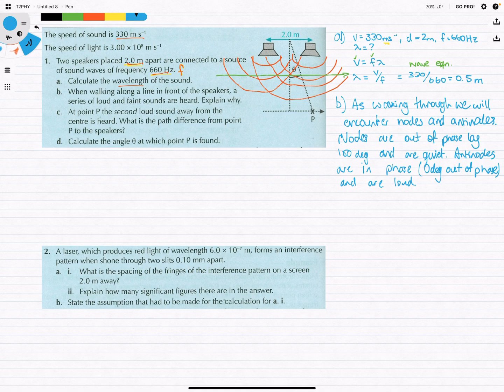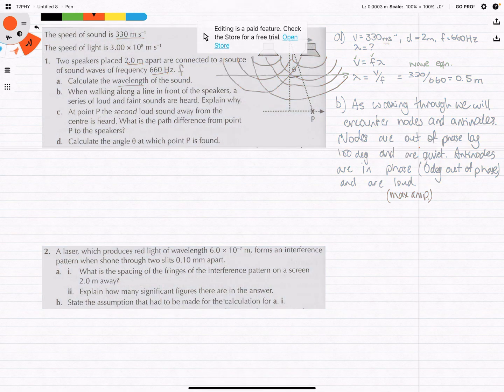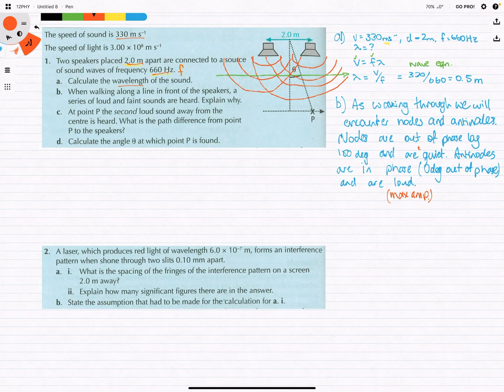Zero amplitude, zero loudness. This was our max amplitude. Quiet, these are our zero amplitude. That's where we've got a nice flat line and we're getting no sound produced. It's been cancelled, the waves have cancelled each other out, and it's nice and quiet.